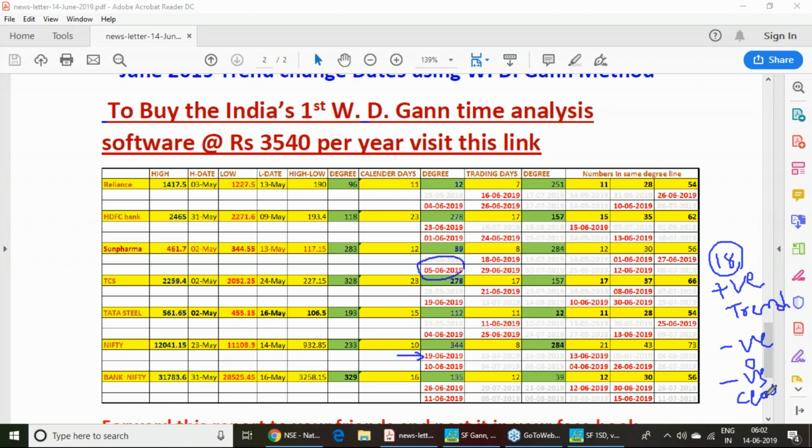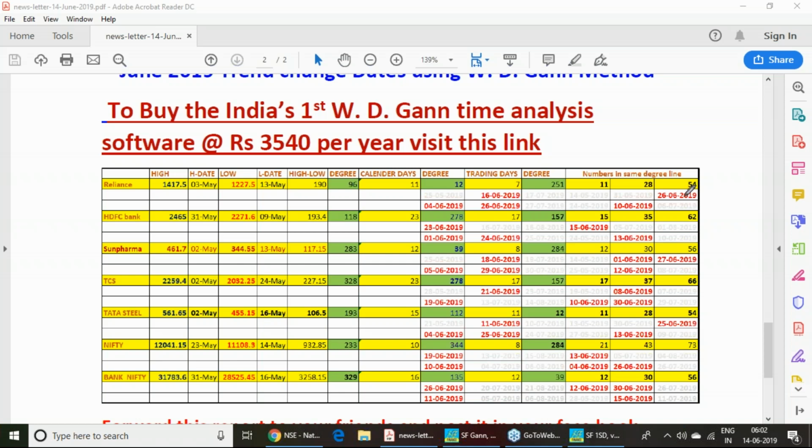This is the meaning of the trend reversal. If on 18th it is a negative trend closing, then 19th it will have the opposite, but it will remain only for 19th. It won't continue post 19th, on 20th, 21st. On that particular day, you will get the trend reversal.